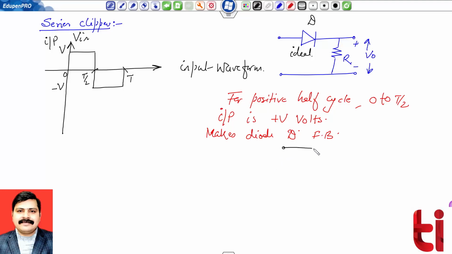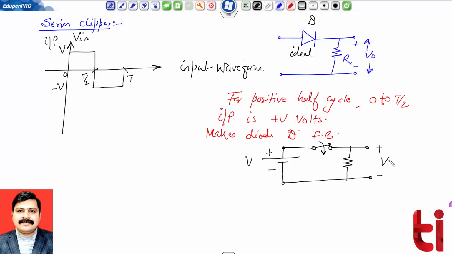So here I am drawing the circuit for the positive half cycle. In fact, I am representing the signal by a DC source because my input signal is a square waveform of value plus minus V volts, and the diode will be represented like a switch, which acts like a closed circuit.